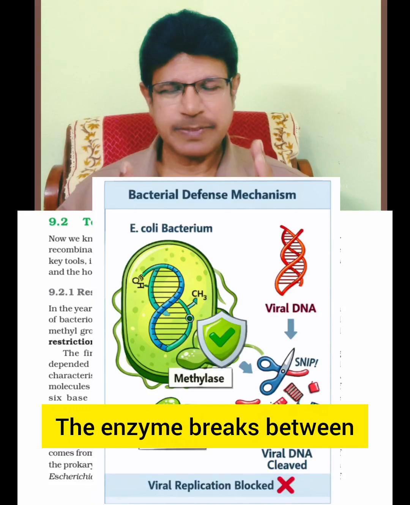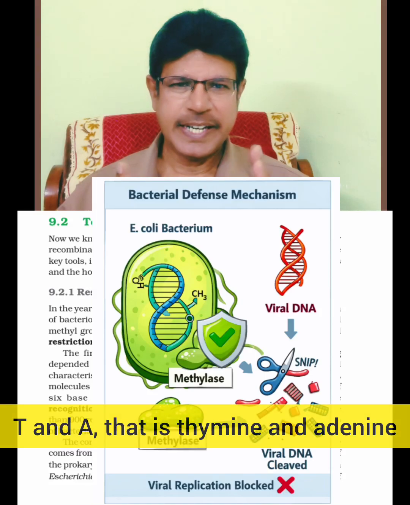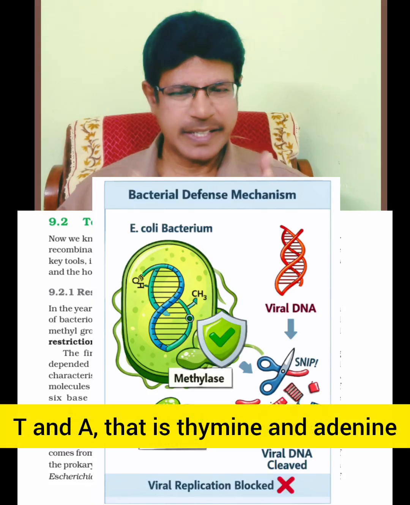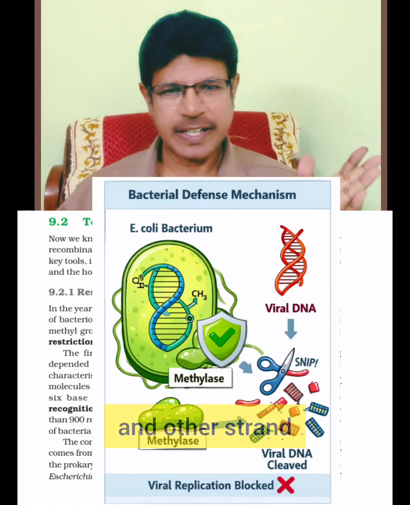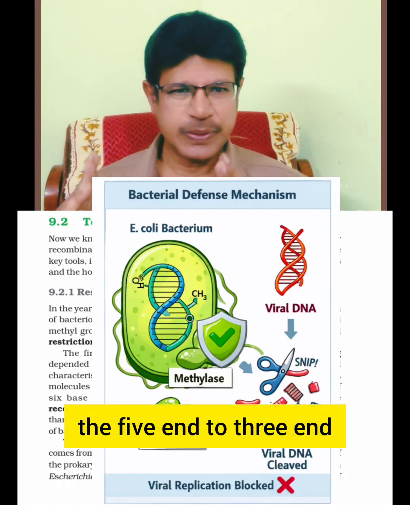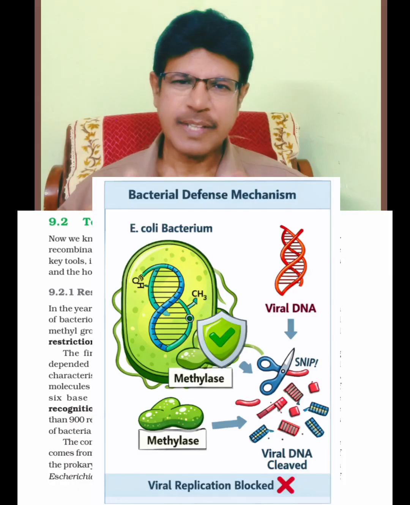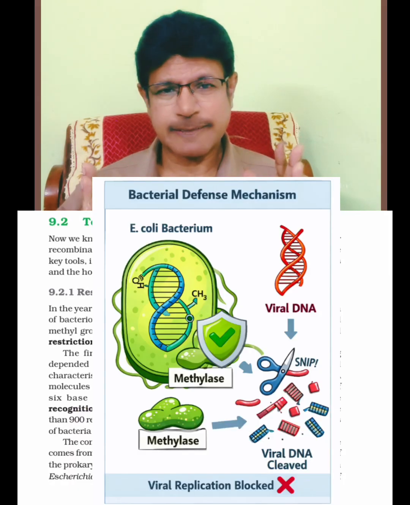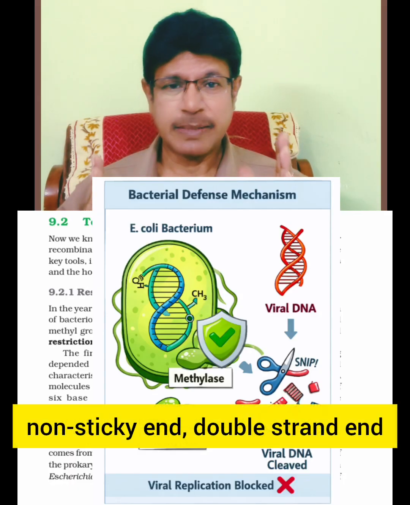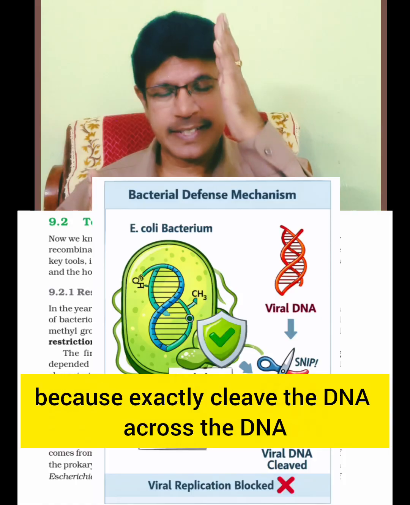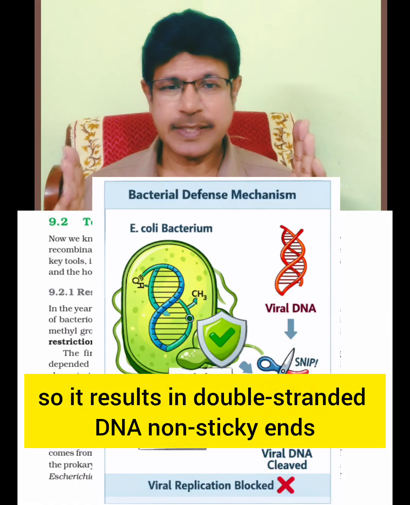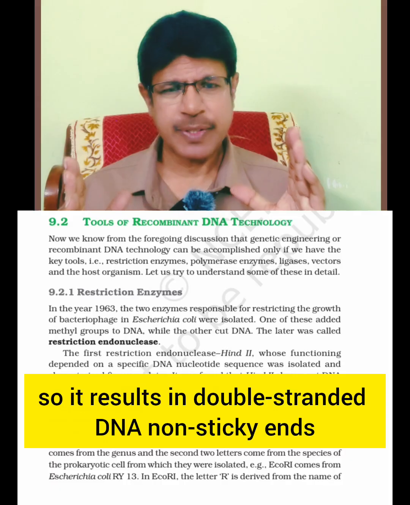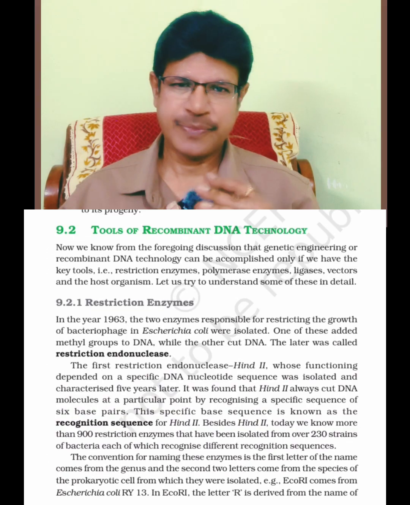The enzyme breaks between T and A, that is thymine and adenine, pyrimidine and purine, from 5' to 3' and on the other strand also 5' to 3'. It results in blunt ends, non-sticky ends, because it cleaves exactly across the DNA. So it results in double stranded DNA with non-sticky ends.